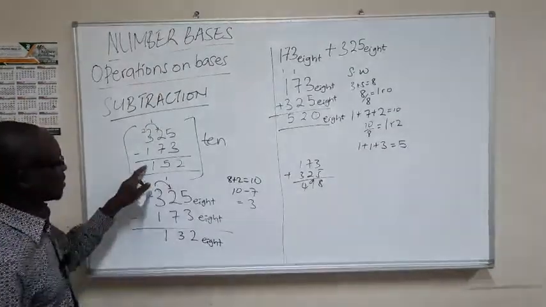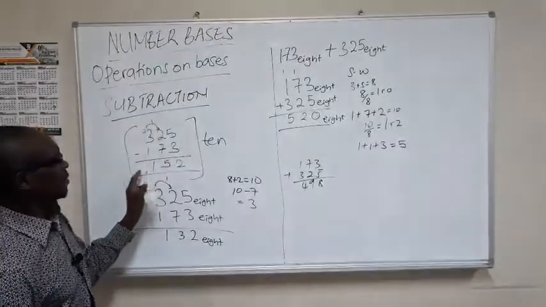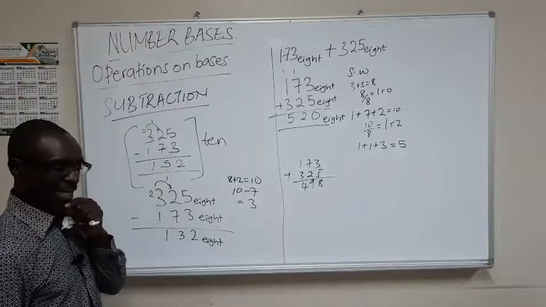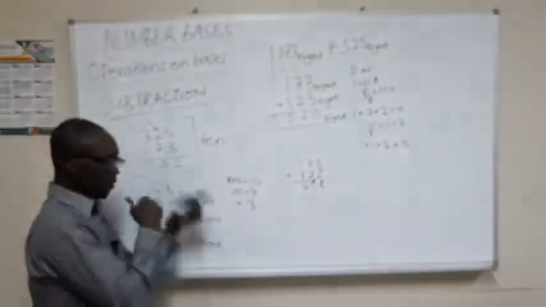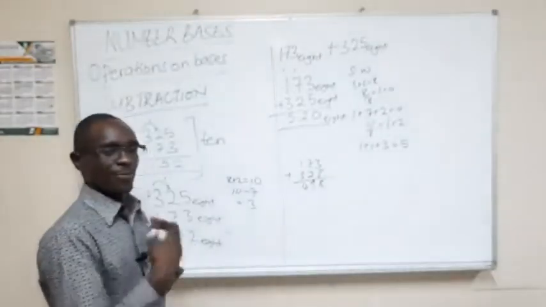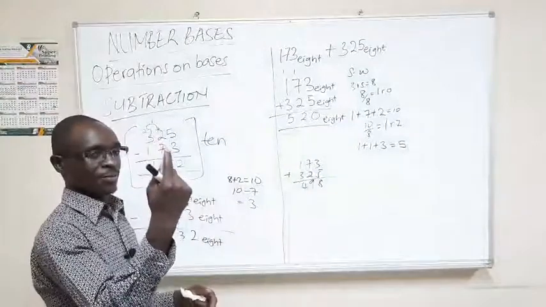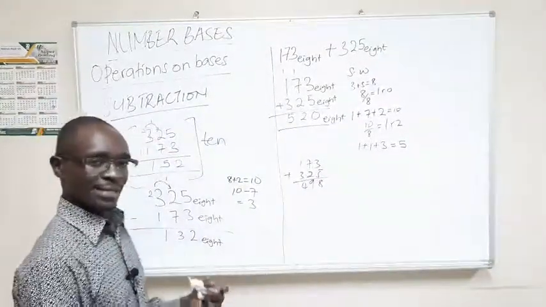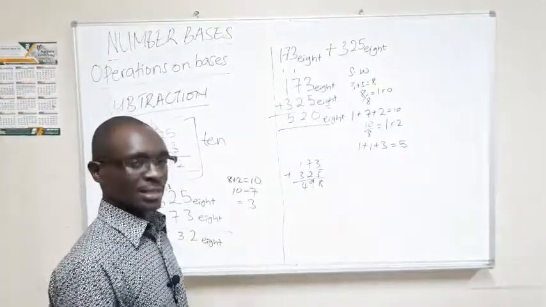Now you see the difference in the answers. It is 132 base 8. Here, in base 10, 152. Hope that one is also clear. When you borrow in a given base, if you are under base 5, the 1 you borrow is standing for 5. If under base 7, it stands for 7. If under base 9, it stands for 9, depending on the base you are dealing with.